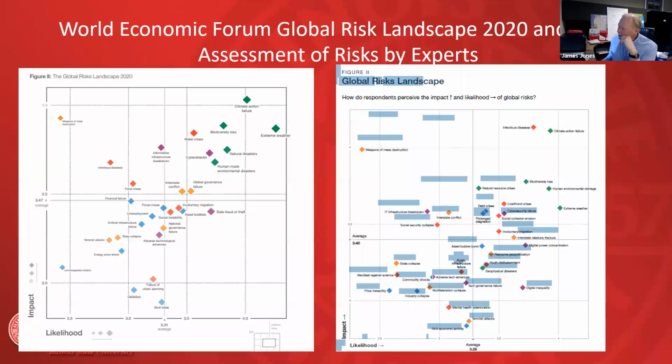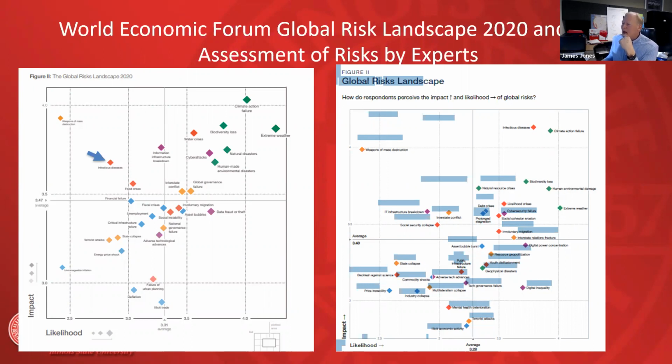So here is an example of maybe the experts getting the risk wrong potentially. What we have here is the global risk landscape, which is published each year by the World Economic Forum. This is industry experts, risk experts from around the world.